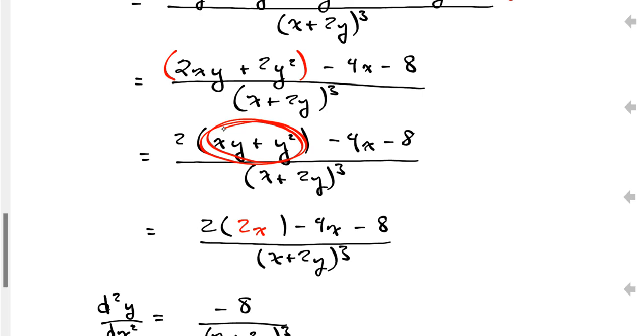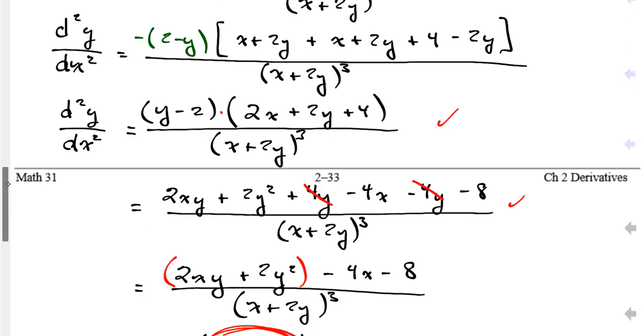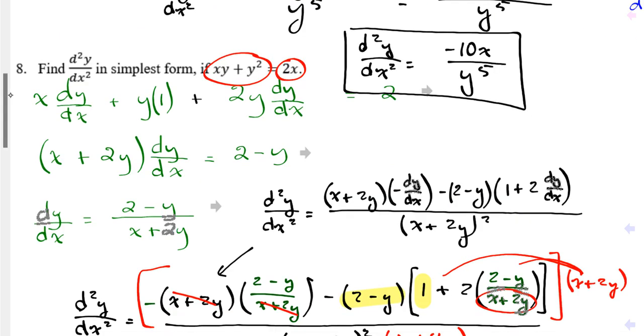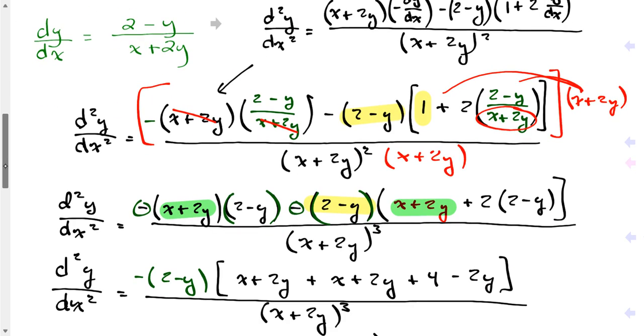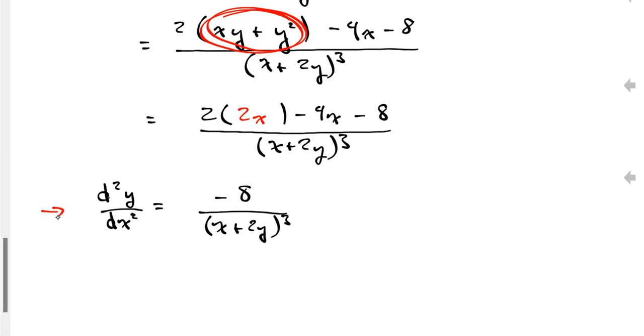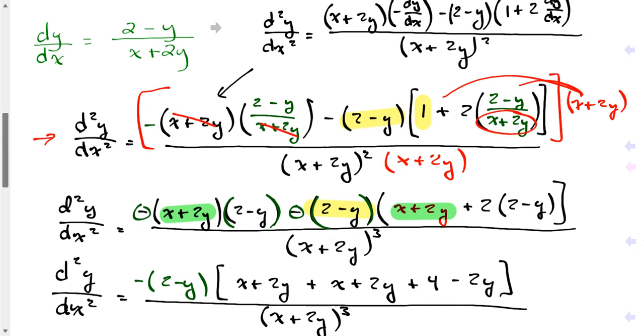If you had access to Desmos, you could do some graphing to double check, but what you could do is pick an xy ordered pair that works for this original function and then plug it in at this point and see if it's the same thing as you get at this point. But there's always the question, how do you know you're right up to this point?